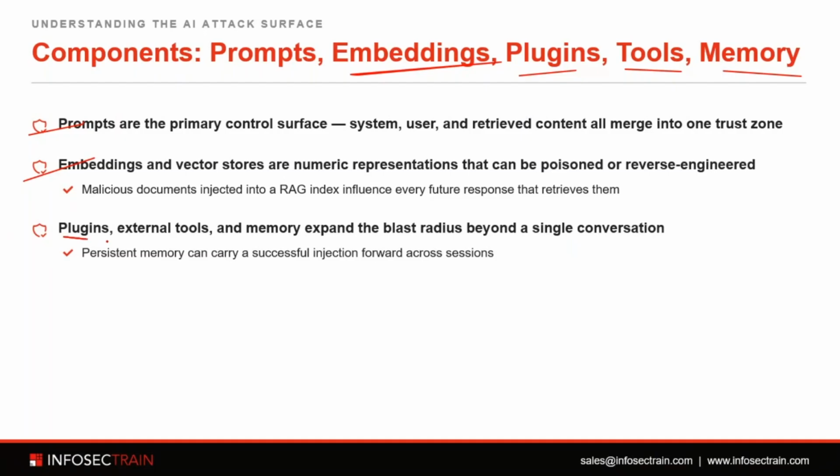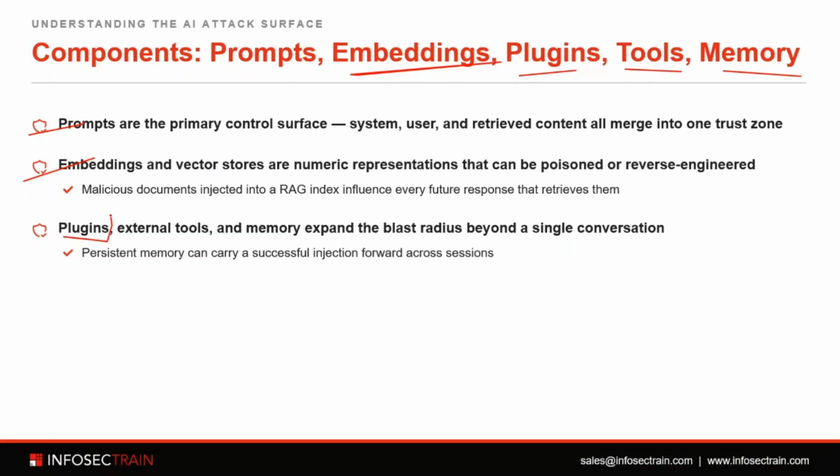Then we have plugins, right? Plugins are extensions that allow AI models to interact with external systems. They act like apps for the AI, enabling it to fetch live data, perform calculations, or trigger actions, right? So, let's say a weather plugin lets the AI check the real-time forecast, while a finance plugin enables stock lookups.